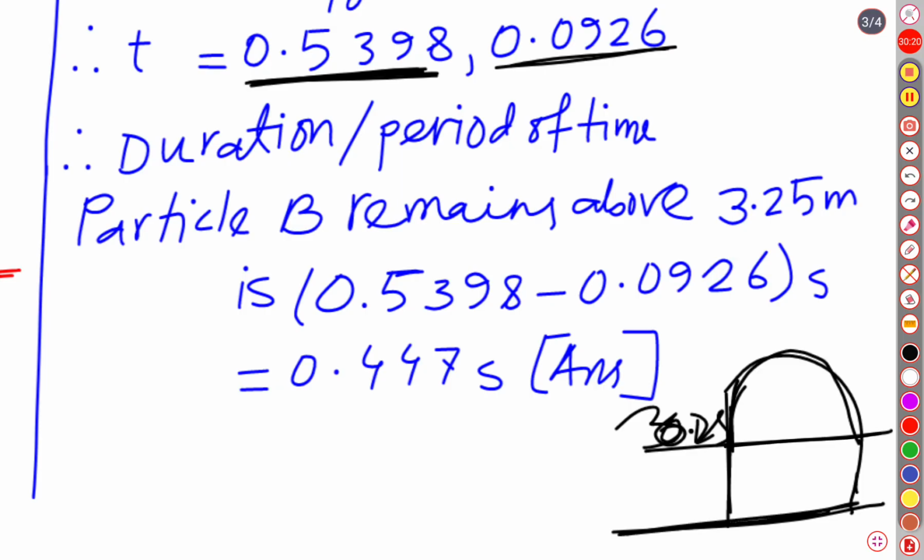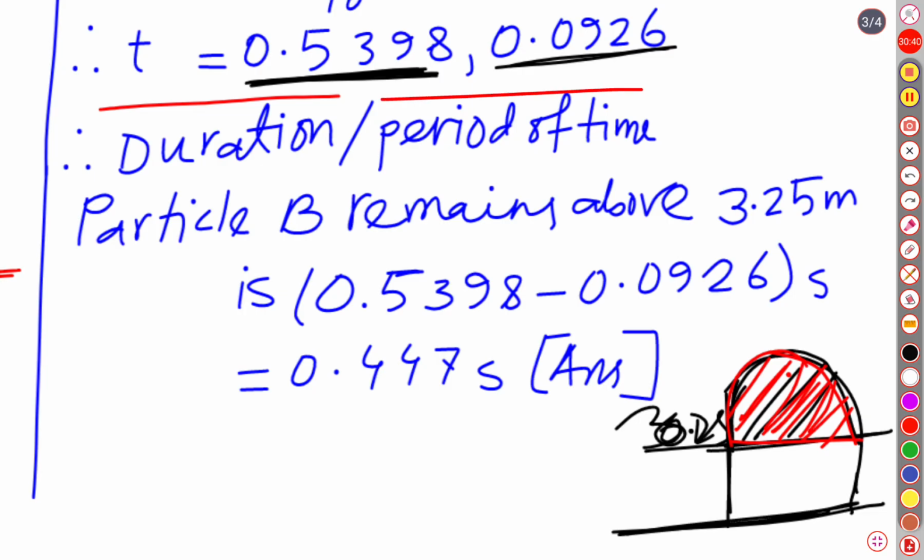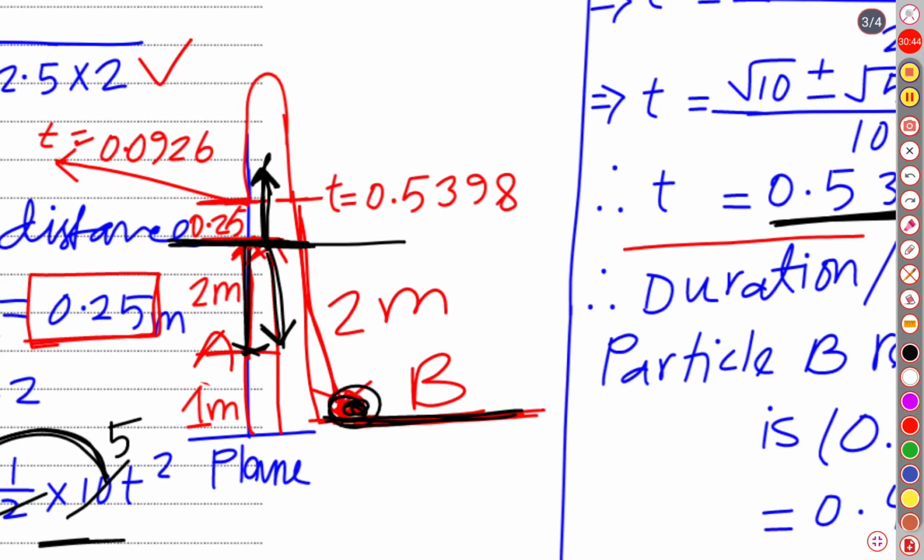They have asked us to find the time when the particle was above this. Once it went up and then goes down past this height, it is not actually a time, it is a duration. That's why I have written duration or period of time. Once again, the particle has gone up here, then it came down.